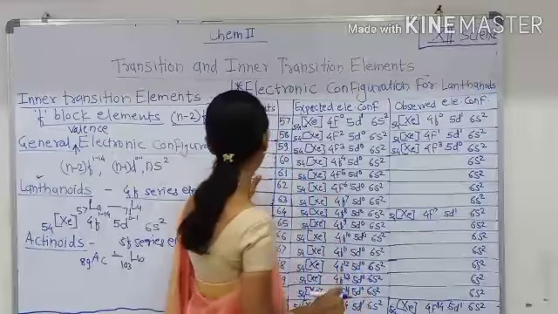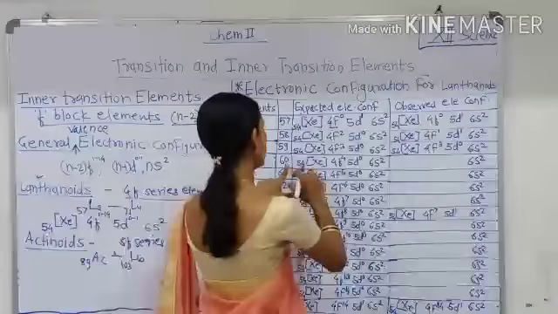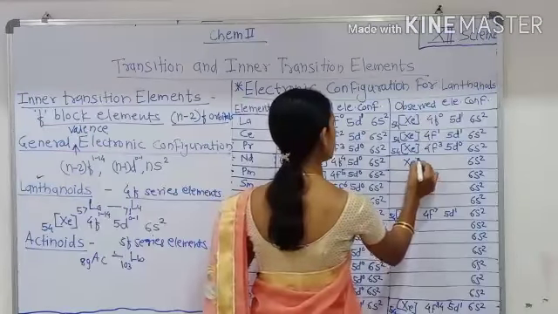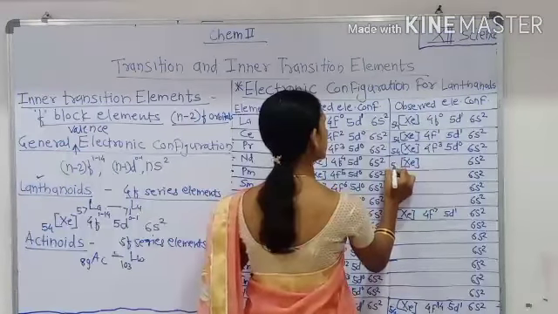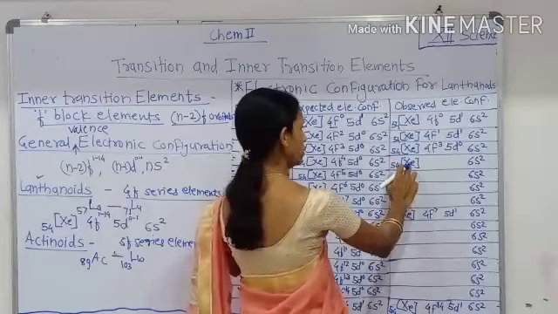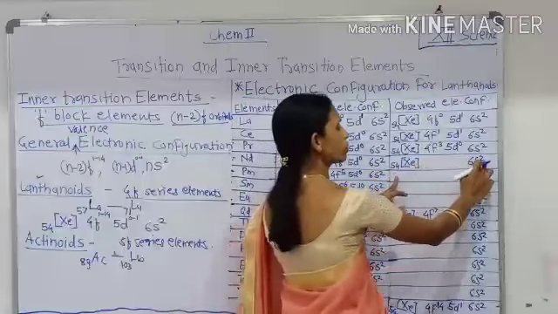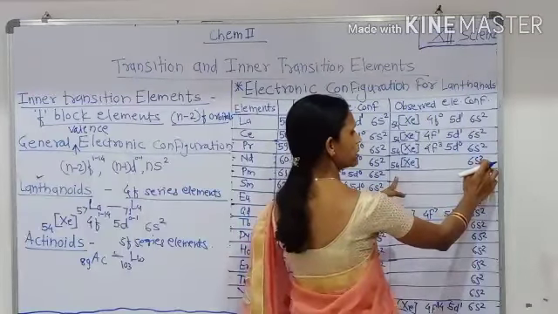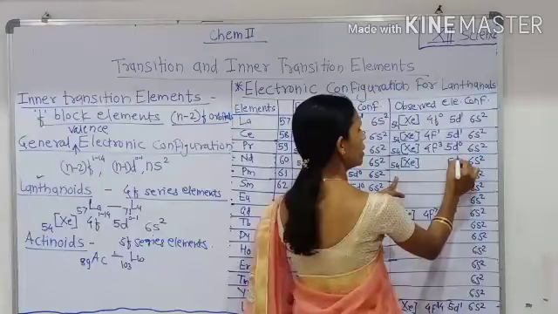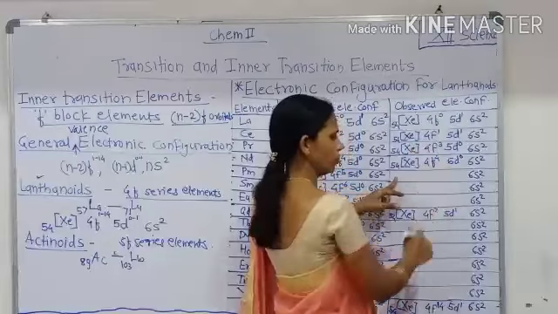That means here neodymium, which has atomic number 60, out of this, 54 electrons have the electronic configuration of xenon, and of the remaining 6 electrons, 2 electrons are present in the 6s2 orbital, the 5d orbital is empty, therefore the remaining 4 electrons enter the 4f orbital.